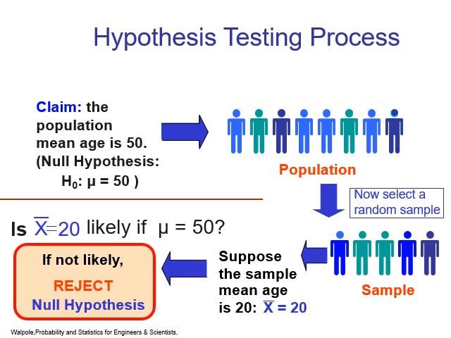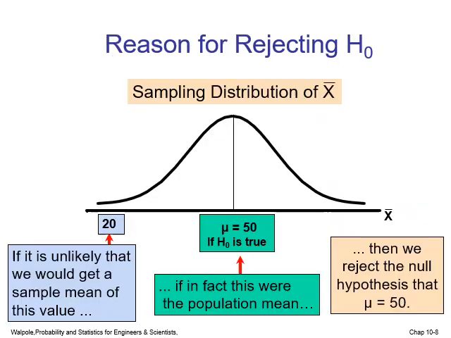Is it possible that the mean age of the random sample is 20 if the mean age of the population is 50? If not, we need to reject this null hypothesis H0.